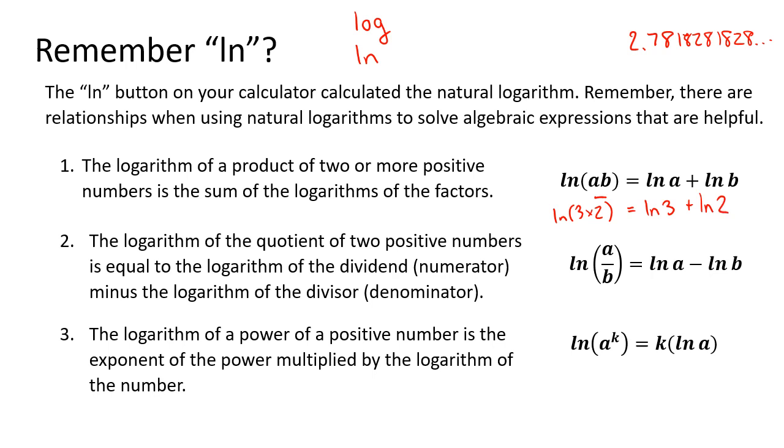In other words, putting ln 3 in your calculator, pressing enter, plus ln 2, putting that in your calculator, pressing enter, and adding those two together. Now, if the two numbers are being divided by each other, using the same example, we'd have ln of 3 divided by 2 instead of multiplying. That was the same as ln 3 minus ln 2.